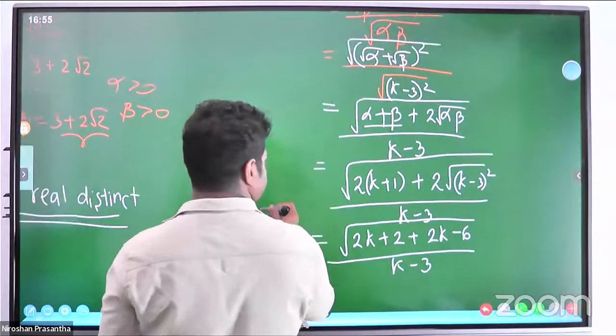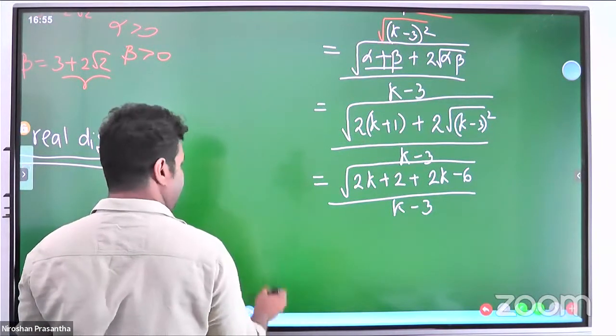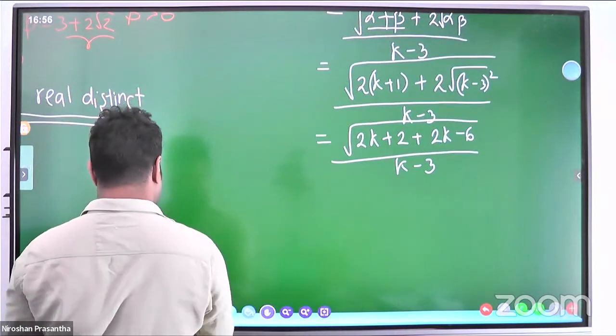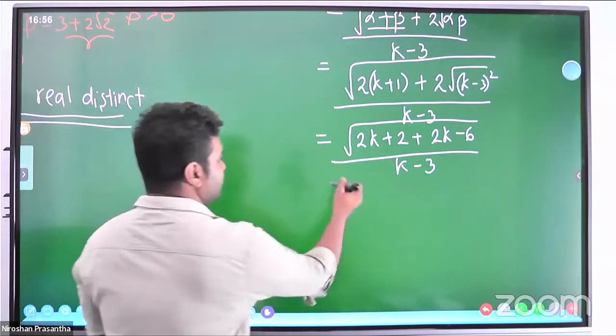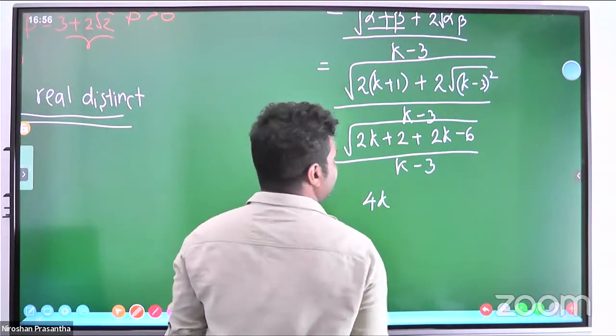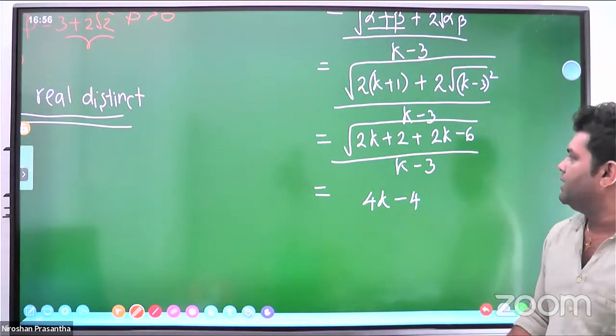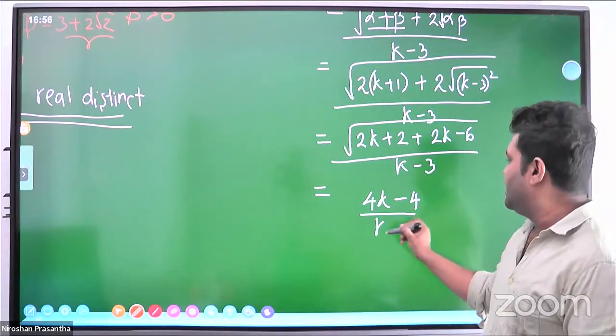What's the simplification? It's 4k minus 4, 4k minus 4 over k minus 3.